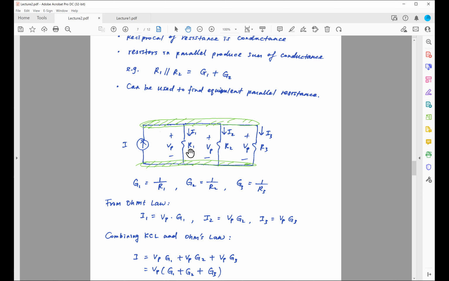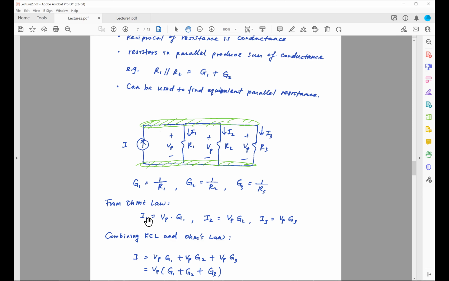G1, which is 1 over R1, G2, which is 1 over R2, and G3 is 1 over R3. So instead of using R, I'm going to first convert to G. That is the reason why we're going to use G1, 2, and 3 for this part of the derivation.